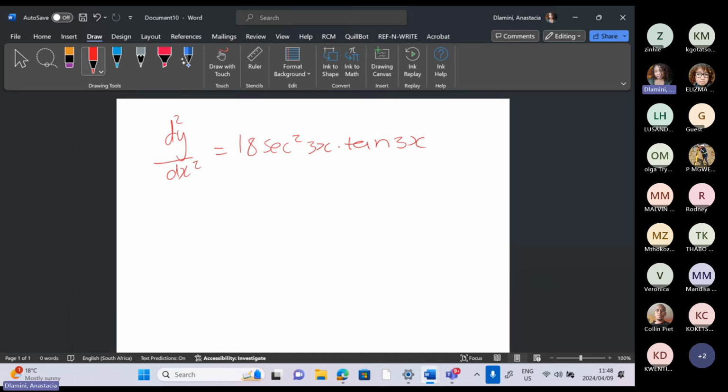Guys, what do you think we can do from here? Anyone? We go to the third derivative, ma'am. So we go to the third derivative. How are you going to find the third derivative?